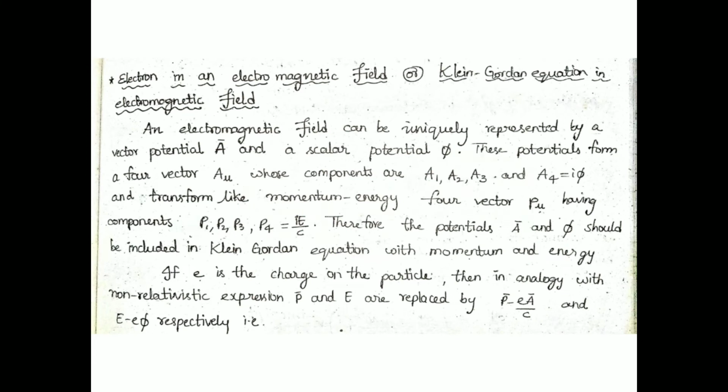Next, if e is the charge on the particle, then in analogy with the non-relativistic expression, P and E are replaced. P has to be replaced with P minus eA by c.